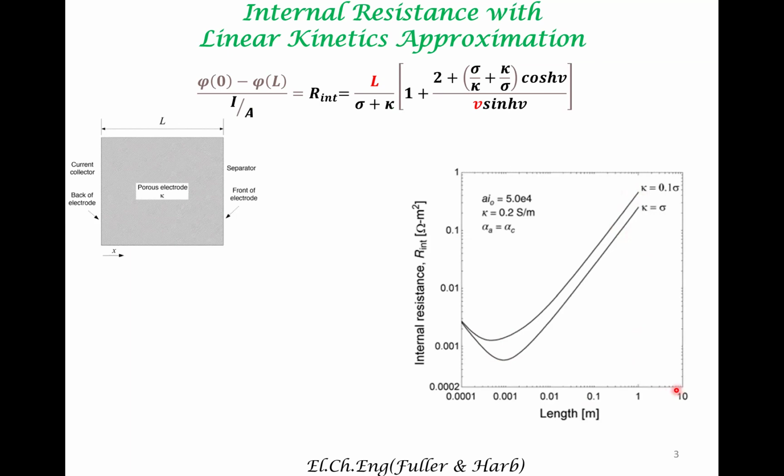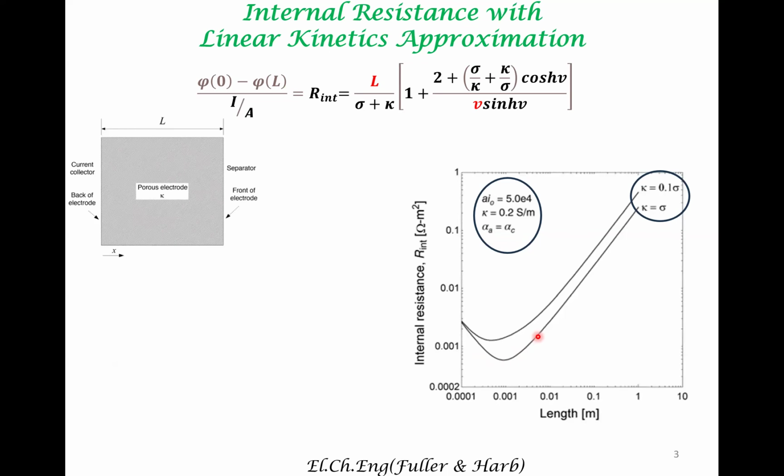Note that this internal resistance is dependent on the conductivity of the electronic conductor, the conductivity of the ionic conductor, as well as the resistance associated with the reaction. So all these things are combined when we derive this and when we plot this.